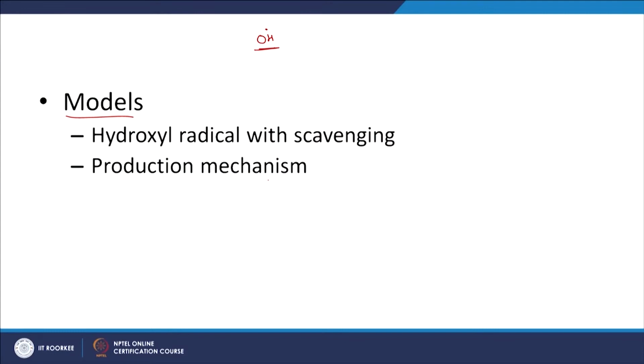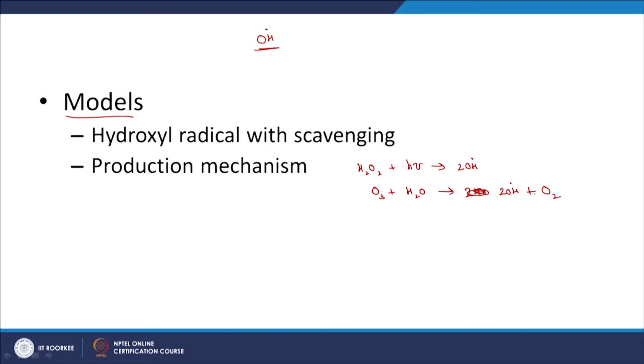So, for the production mechanism, we can have hydrogen peroxide in the presence of ultraviolet light lead to formation of hydroxyl radical, right, and also ozone, depending on the pH that you maintain, usually at higher pH, can lead to formation of hydroxyl radical.